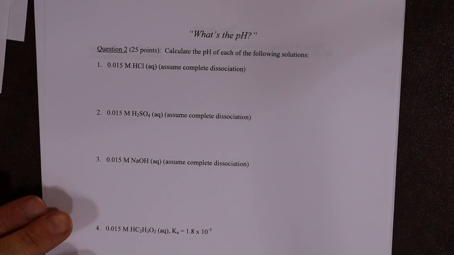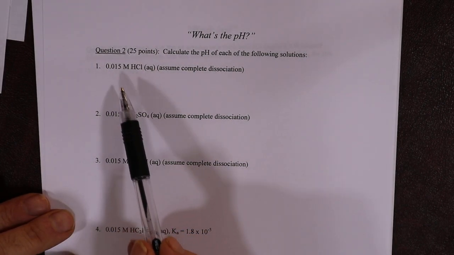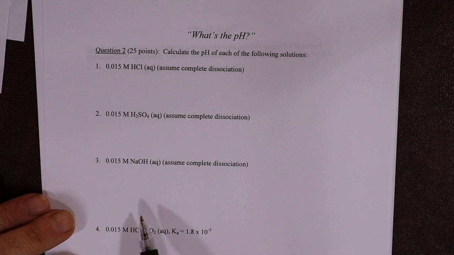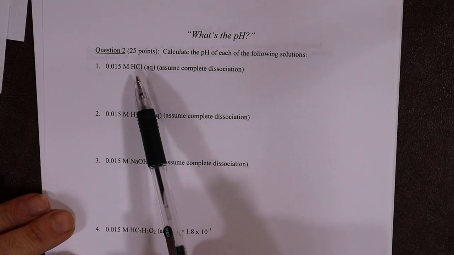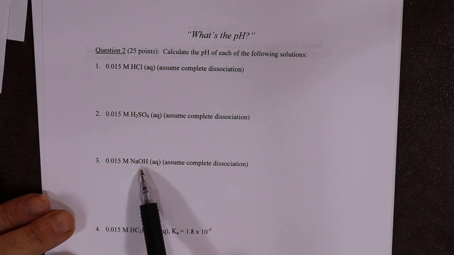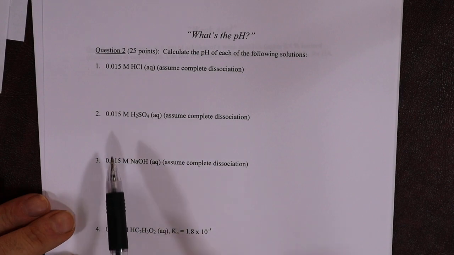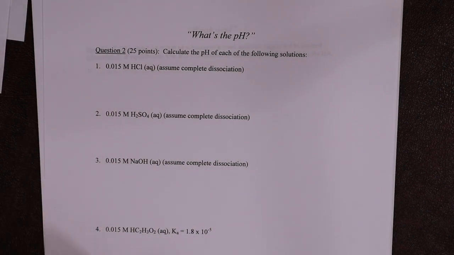Okay, what's the pH? So I've got, it's my classic favorite question, the same concentration each time, but I've got 3 different acids. I've got a monoprotic, diprotic, both are strong, then a base, okay, and then a weak acid, and you do the whole grid thing. Okay, so you get 3 different pHs for 3 different solutions, all of the same concentration. I like that question a lot.